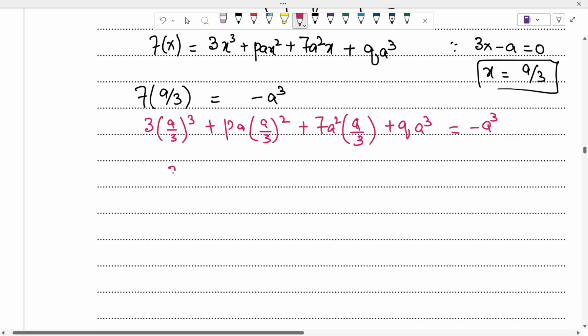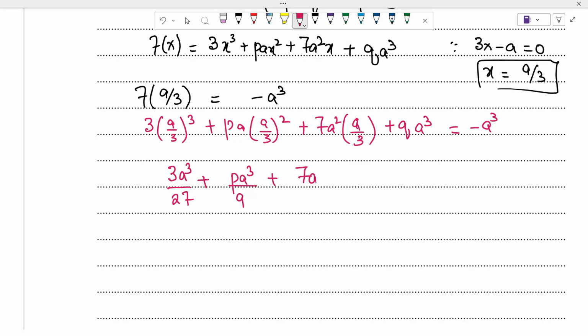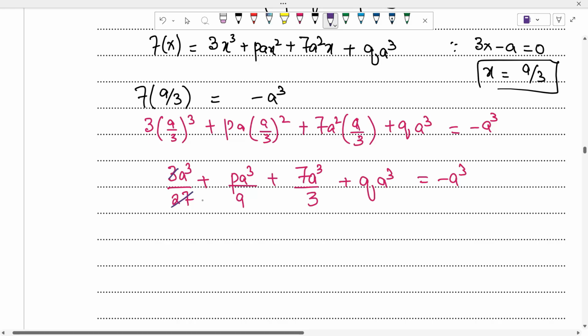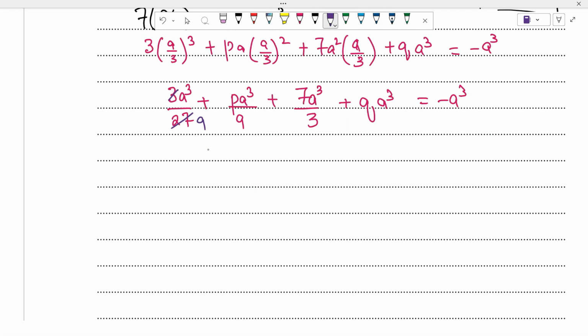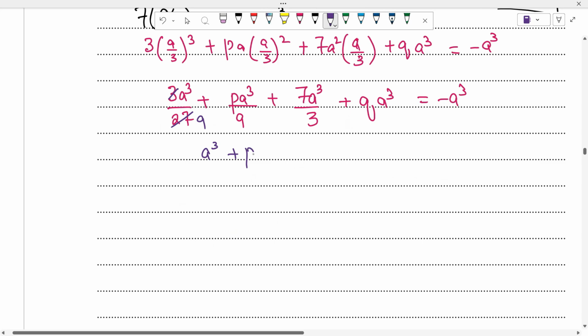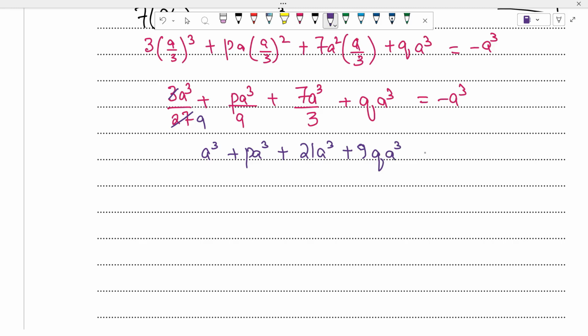So this is equal to 3a cubed over 27 plus pa cubed over 9 plus 7a cubed over 3 plus qa cubed equals negative a cubed. Multiplying by 9, we will have a cubed plus pa cubed plus 21a cubed plus 9qa cubed equals negative 9a cubed.